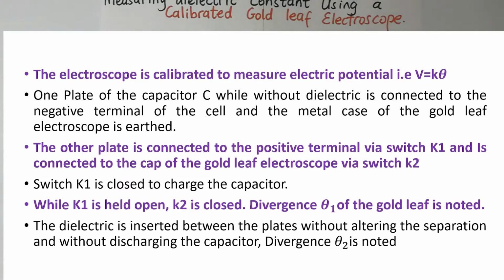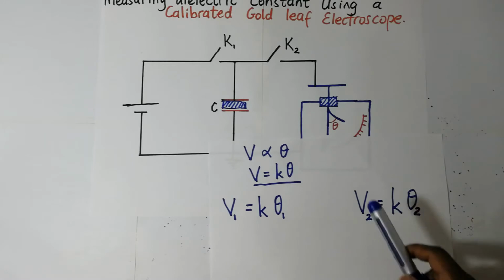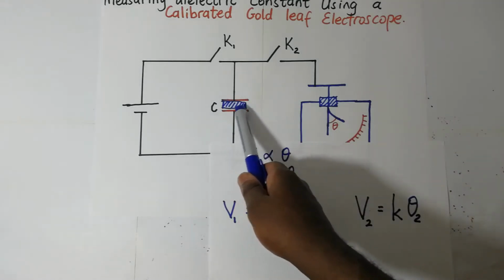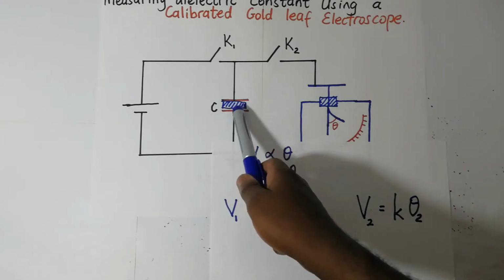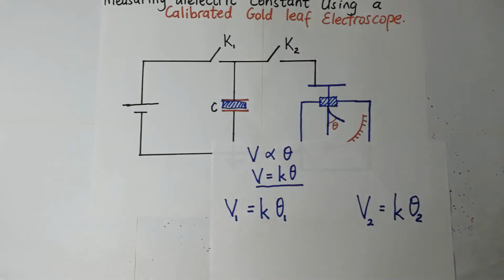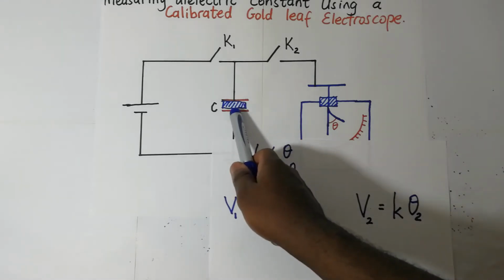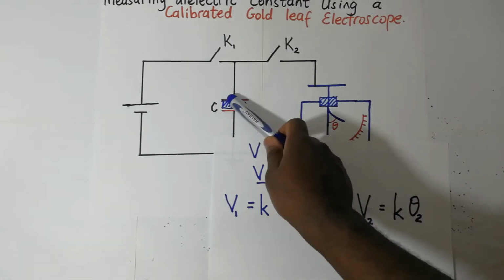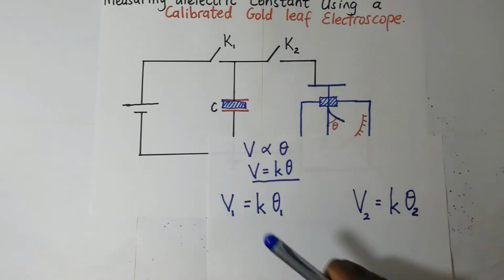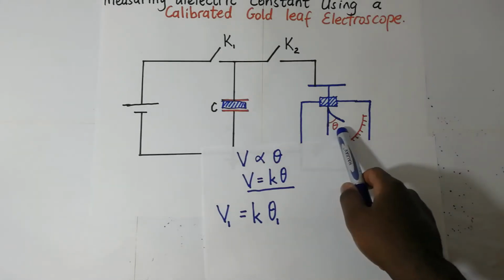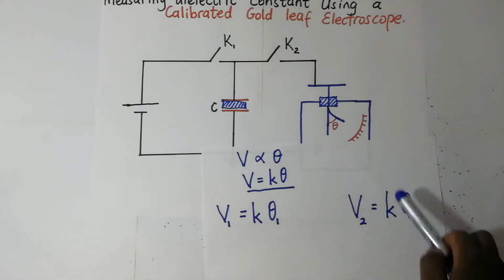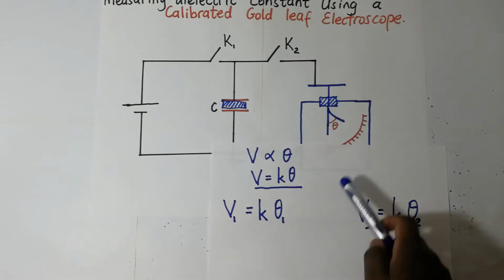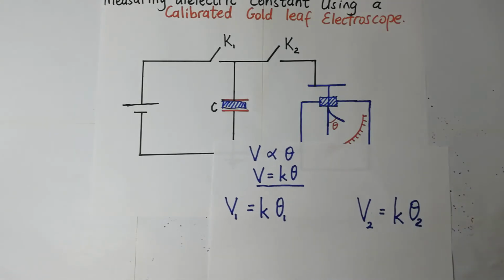We read off another value of theta when the dielectric has been inserted, without altering the distance between the two plates and without discharging the capacitor. We call this second deflection theta 2, and so we get the expression for the voltage: V2 is equal to K times theta 2.